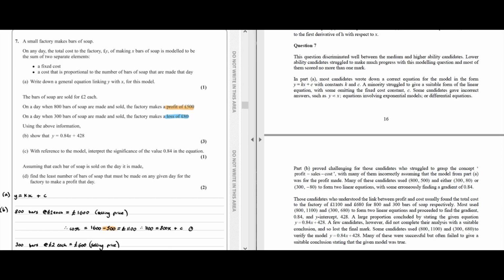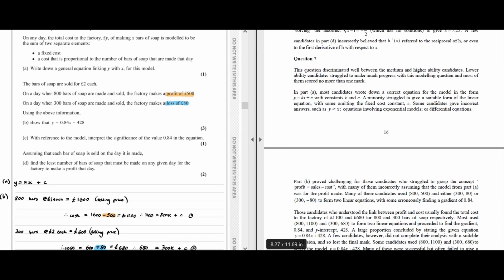Question 7. So for this question, this discriminated between the medium and higher ability candidates. A lot of people struggled to make a lot of progress in this question and scored no more than 1 mark. Part A, most were able to write a correct equation in the form y equals kx plus c, with k and c being constants.